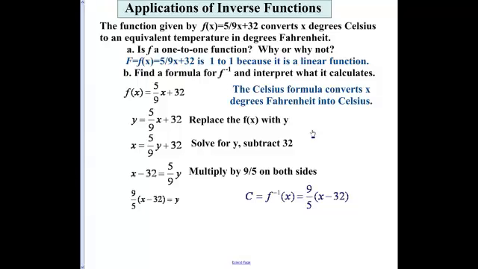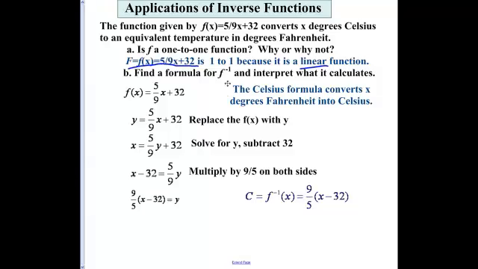Applications of inverse functions. We look here and we have degrees Fahrenheit, and we see degrees Fahrenheit, f of x, is equal to 5/9 x plus 32. It's a one-to-one function because it's linear.